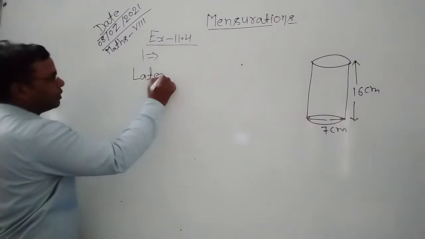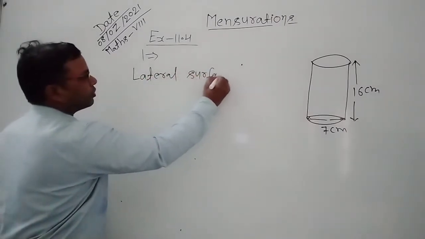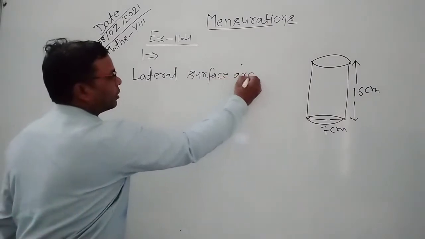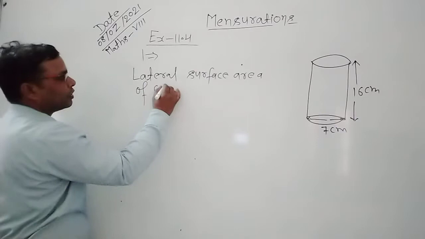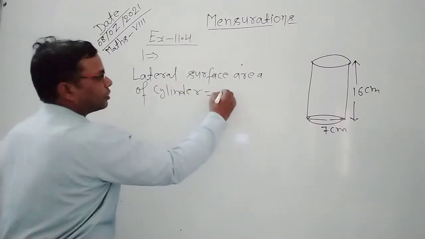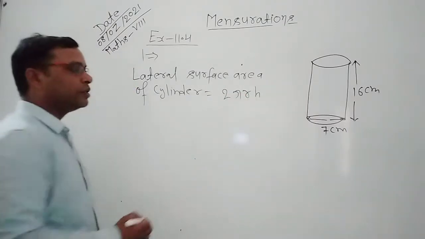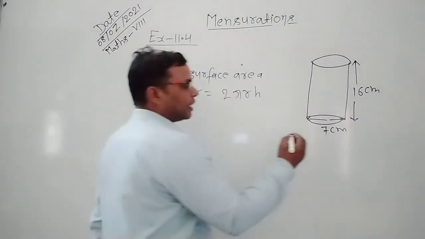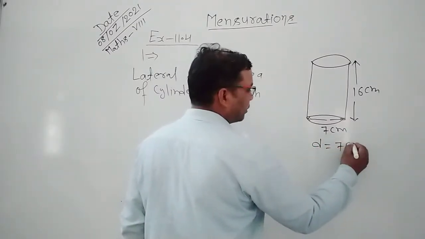So first we find the lateral surface area of the cylinder. This is equal to 2 pi R H. Here the diameter D is given, 7 centimeter.